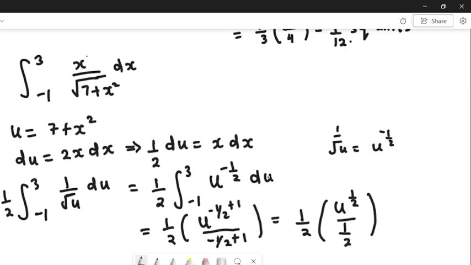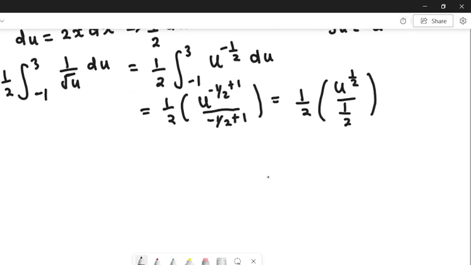But now we know the reciprocal of this will be 2. So we are going to get a half times 2 u to the power a half, which is simply u to the power a half. But remember that our limits are still 3 and negative 1.